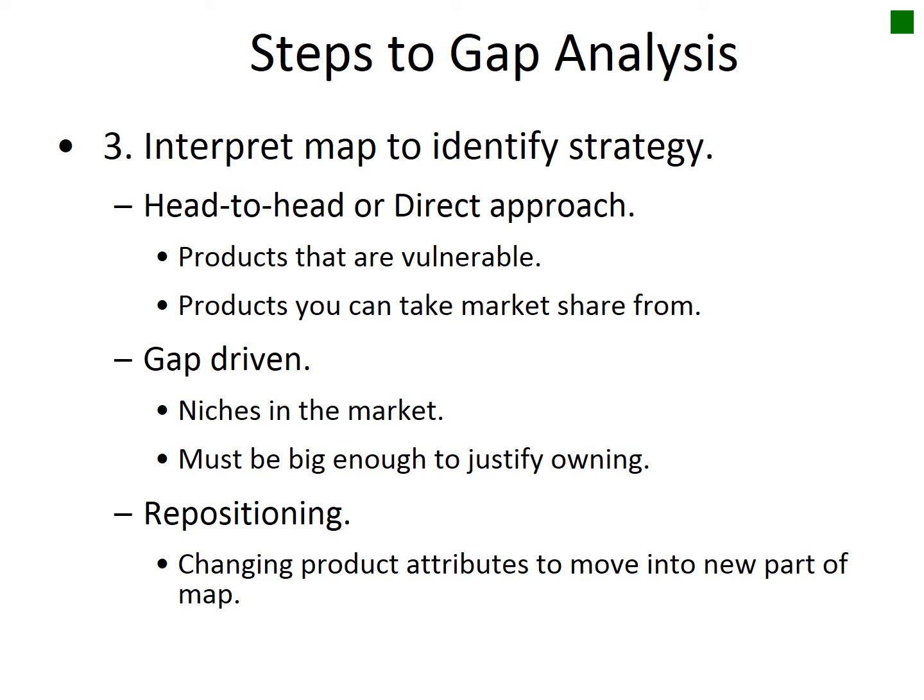But over time, this mapping technique is very, very helpful to track my strategy performance. And also it helps identify what my competitors are doing and what their strategies may be if I'm able to see where they have been and where they are going with their product design and product attributes.